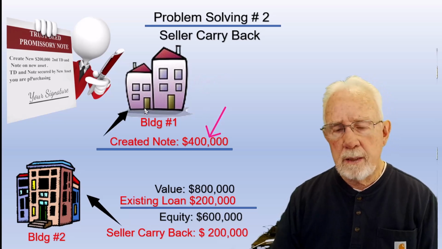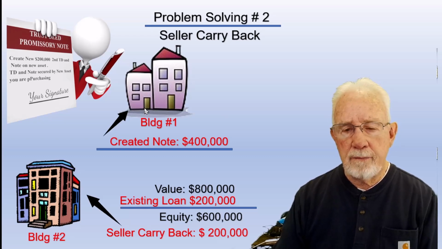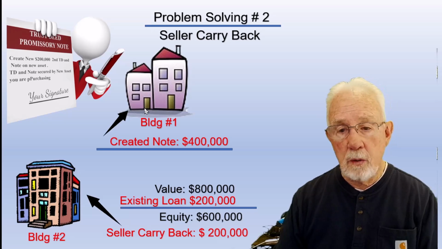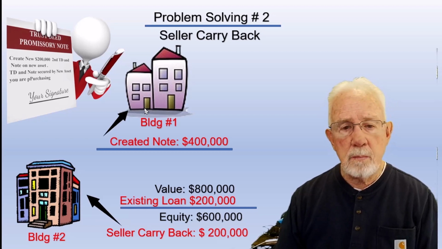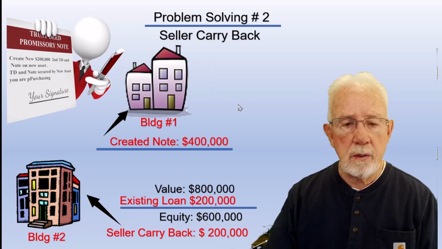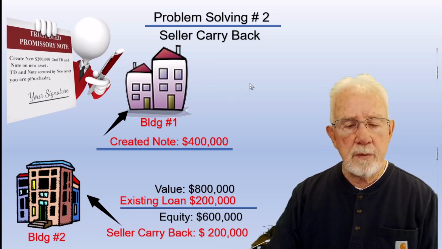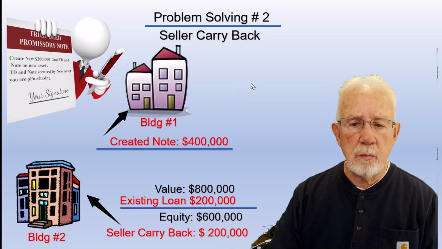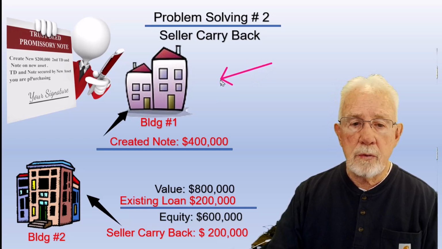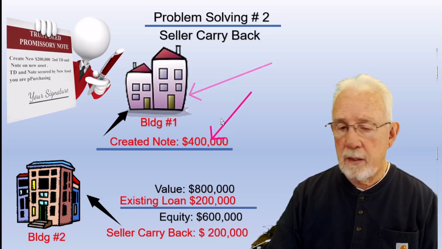Now when you create this note, there's several things to look at. You want to look at it from the eyes of the person that you're going to give that note to. It has to be of value. It has to have a good rate of return, so they will have a good yield. And probably the terms of the payments and the length of the note will all make an impact. Also, the buyer will want to know what position they're in with this $400,000.